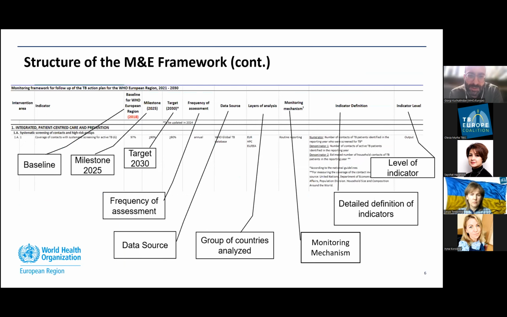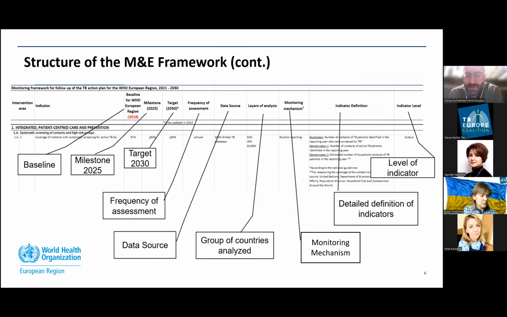But in short, what's the structure of the MNE framework? It includes the baseline value for each and every indicator, as well as the milestone and target, frequency of assessment, the data source, and the layers of analysis. Under the layers of analysis, we mean different groups of countries.